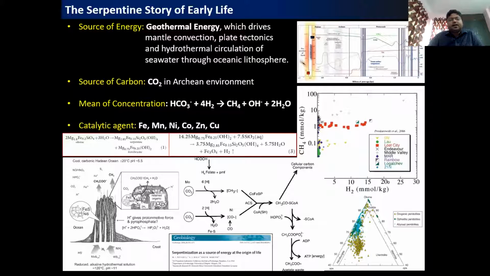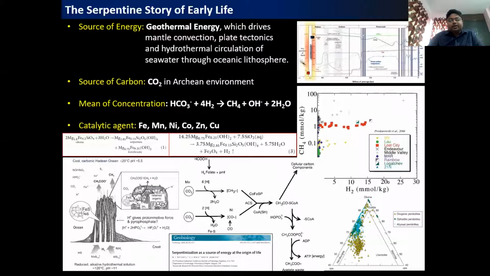In the Archean, the environment was mostly anoxic, so the carbon dioxide level was very high. And then, what is the means of concentration? H2 reacted with bicarbonate ion and produced methane first. So from the inorganic world to the organic world, the first reaction is possible given that we get this H2.